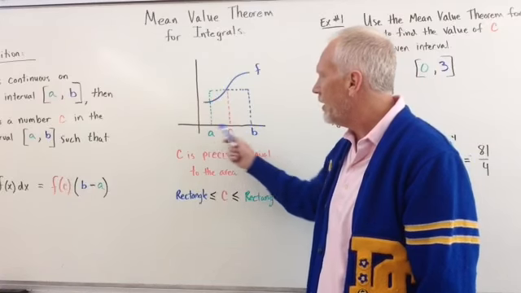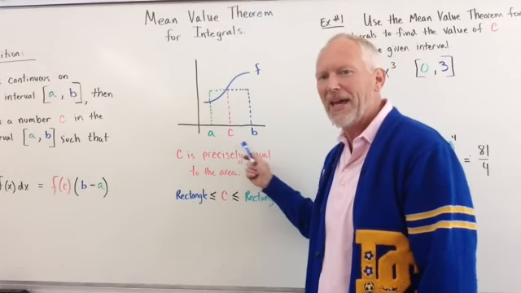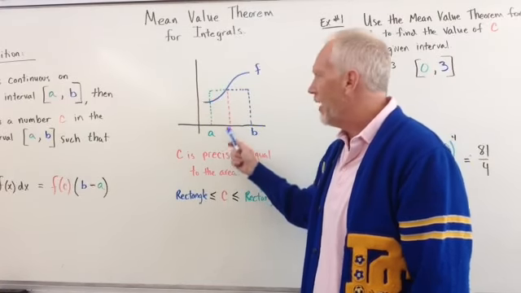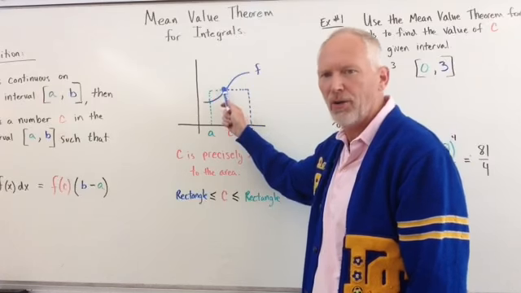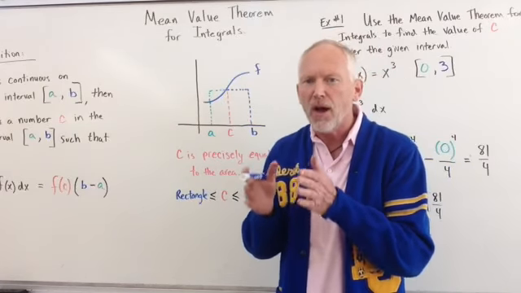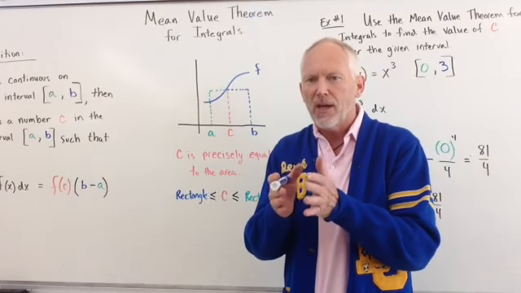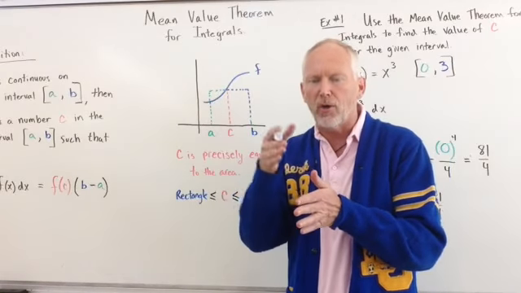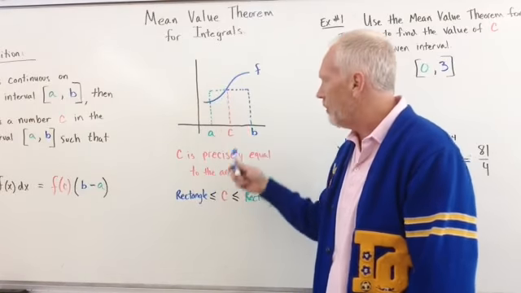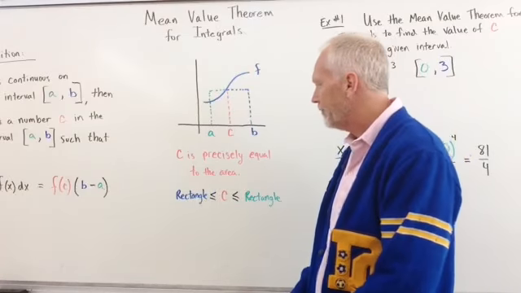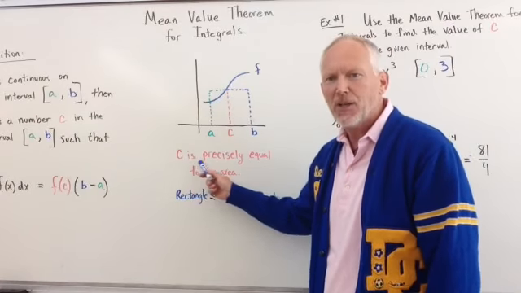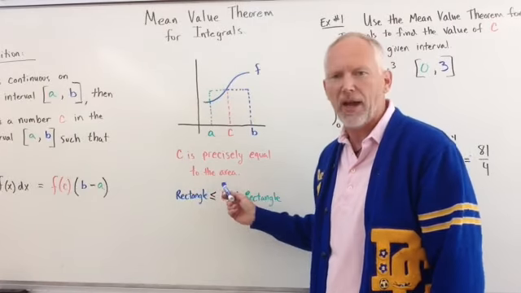But there's got to be a value between a and b, this c value, that hits right here, right on the curve, that if we took enough of those, an infinite amount of rectangles at those levels all the way across, then we could dice this thing up and we would find an exact area. So c is precisely equal to the area.